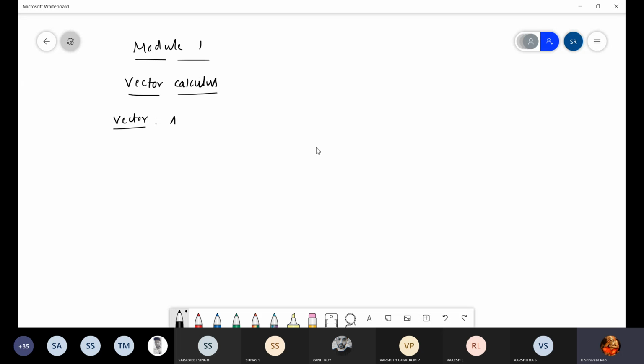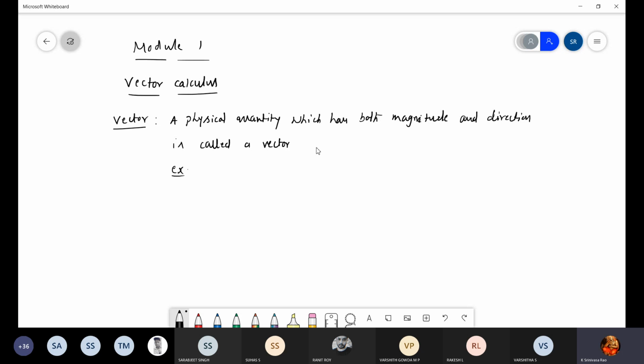Vector: a physical quantity which has both magnitude and direction is called a vector.